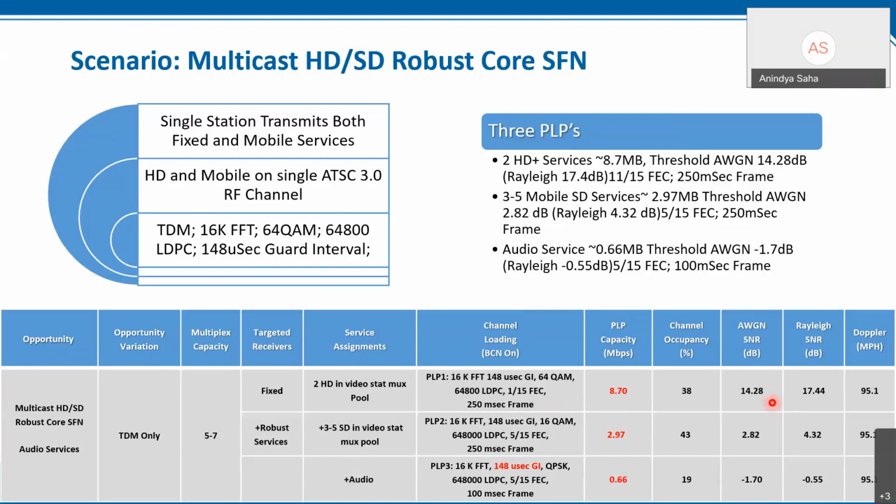Because of the different SNRs, you can imagine that they will have different kinds of reach as well. So essentially, the framing structure that ATSC has allows you to offer multiple services at the same time from the same transmitter. That is one of the beauties of this new method.